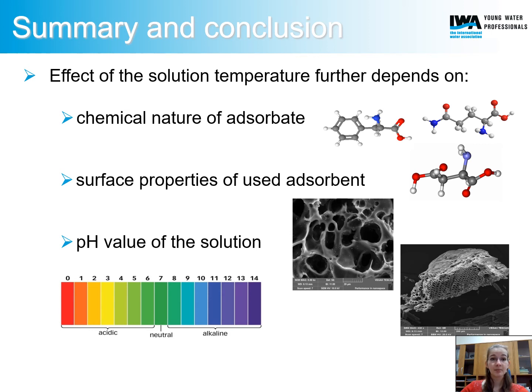It seems that the pH of the solution is a more important parameter concerning the drinking water treatment process than the temperature. This is because the pH value determines the protonation or deprotonation of functional groups present on both the adsorbent and adsorbate, and thus it controls the manifestation and extent of the interactions and significantly affects the adsorption efficiency.